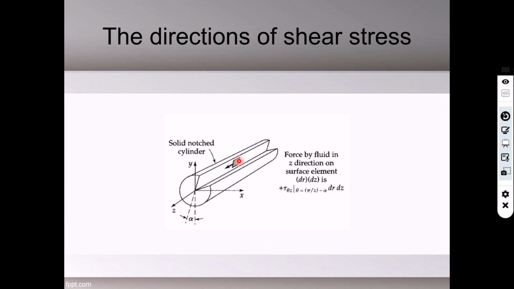And its direction is Z direction, so it's theta Z. And if instead of going this way, it goes in this way, then it should be theta R. So this is tau theta R. Okay? All right? Good idea, right?